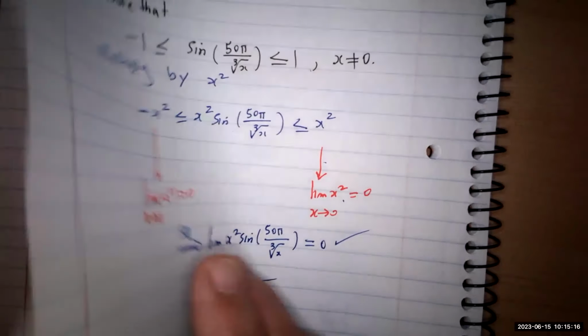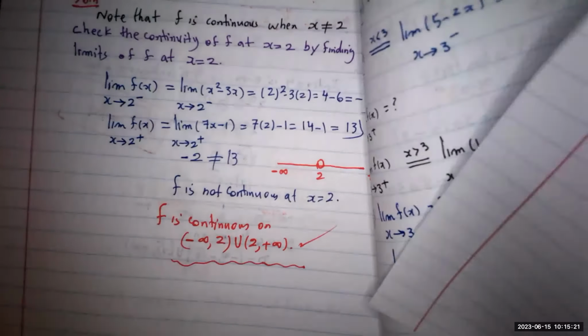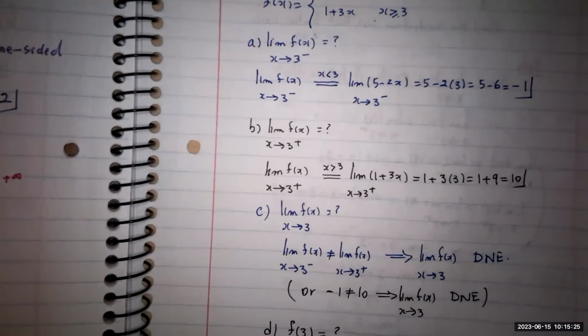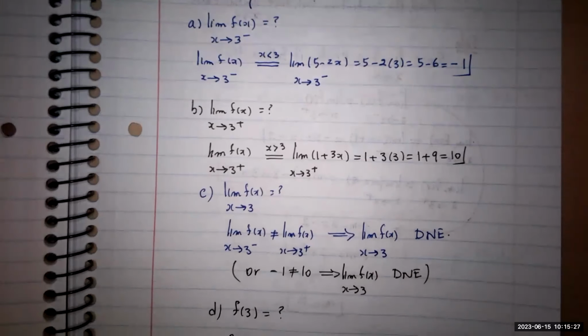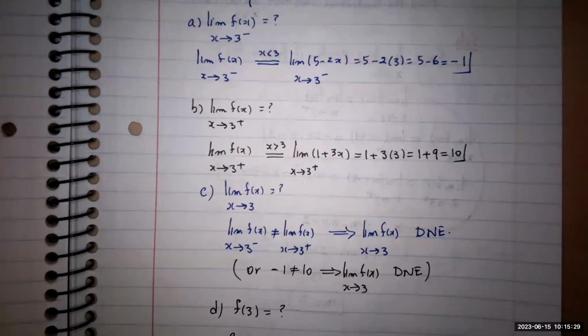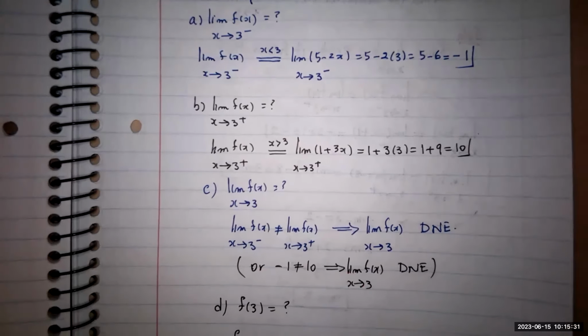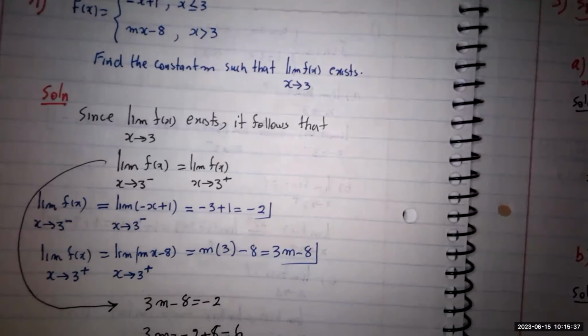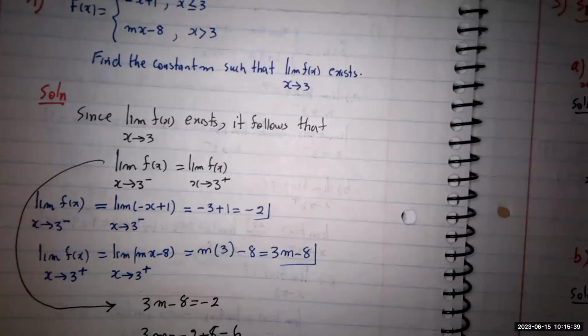I repeat it again, and you will see them tomorrow. The first topic: piecewise defined function, right and left limits, exact value of the function, and its converse. Converse means finding the m so that the right and the left limits are the same.